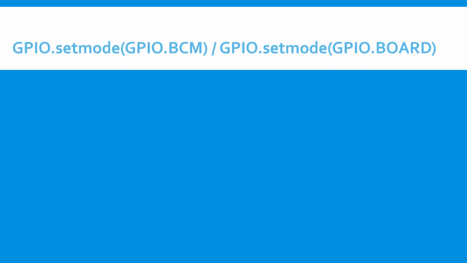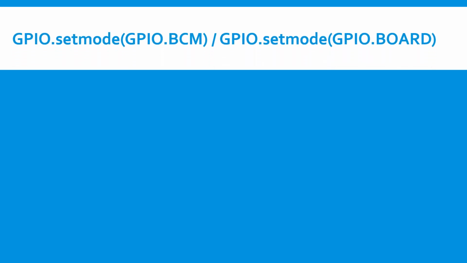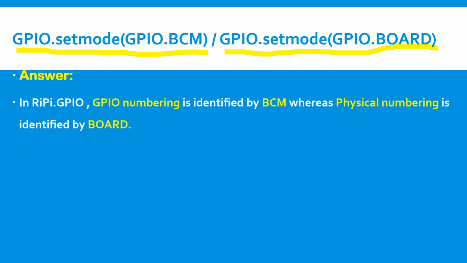Now let's go for the next GPIO function, that is GPIO.setmode, GPIO.BCM, or GPIO.setmode, GPIO.BOARD. We know that pin numbering of Raspberry Pi can be used as GPIO pin numbering or physical pin numbering. So this particular function is used to set the pin numbering, either GPIO numbering or physical numbering.